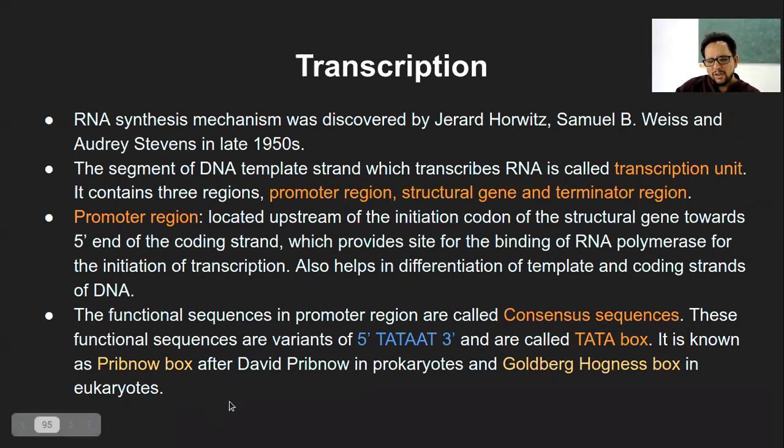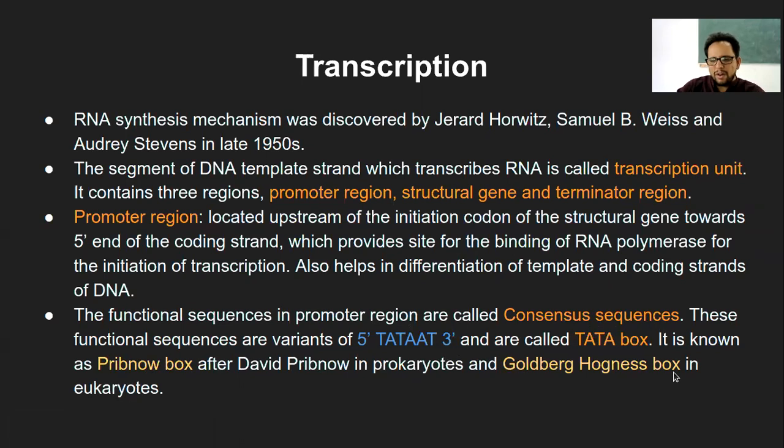In prokaryotes, they are known as the Pribnow box instead of the TATA box. TATA box is the common terminology because even in prokaryotes and eukaryotes, it has these TA sequences. But in prokaryotes specifically, it is called the Pribnow box because it's named after David Pribnow. And in eukaryotes, they are called the Goldberg-Hogness box.